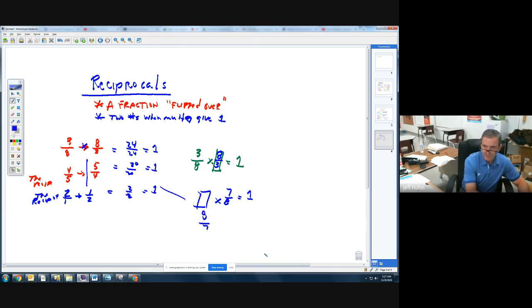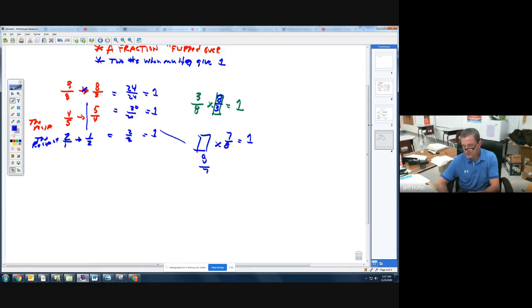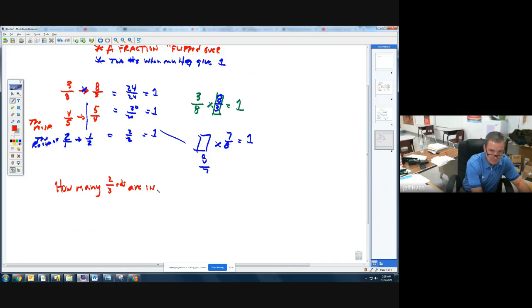Another thing, and this is the one that most people get confused on, and so many people ask me this question. Here is another way they will ask the very same thing, except it's not as apparent as that. They might say, how many two-thirds are in one?